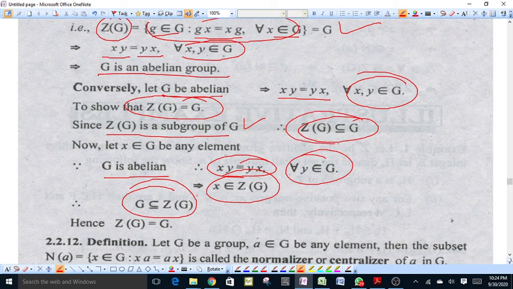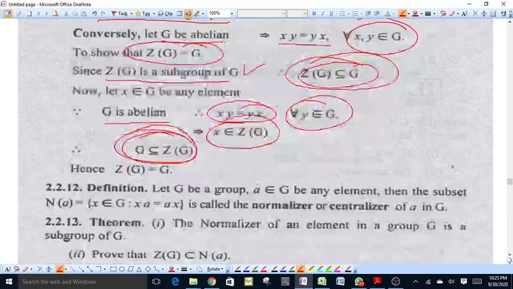From this expression and this expression, Z(G) is equal to G.